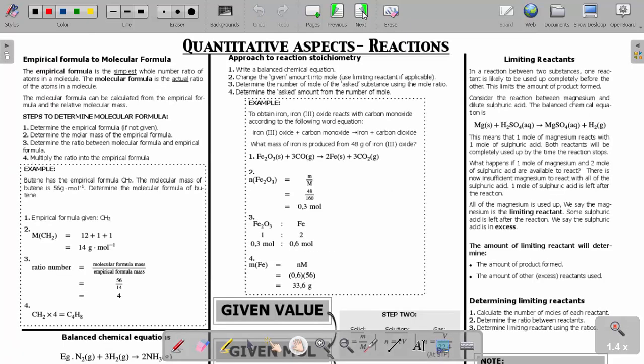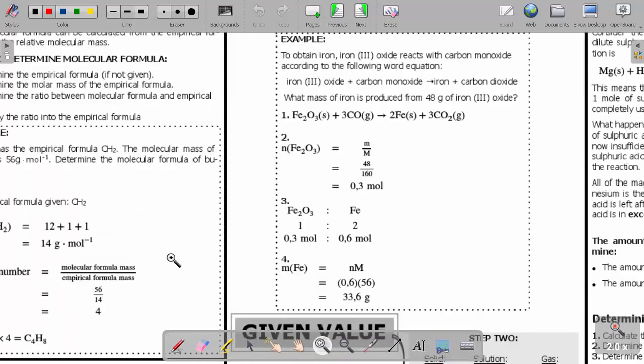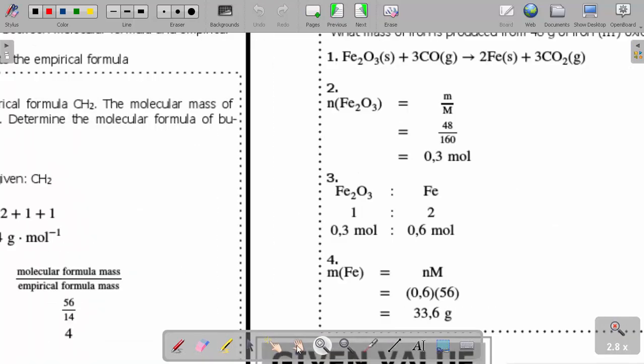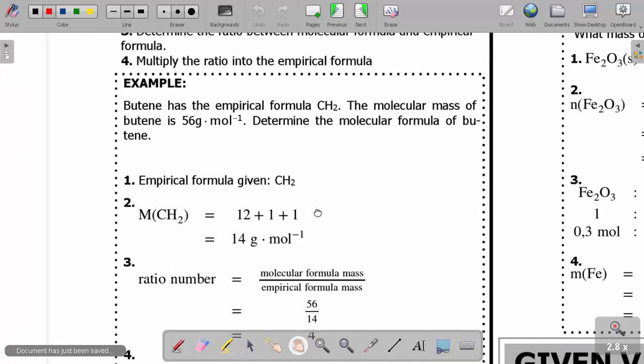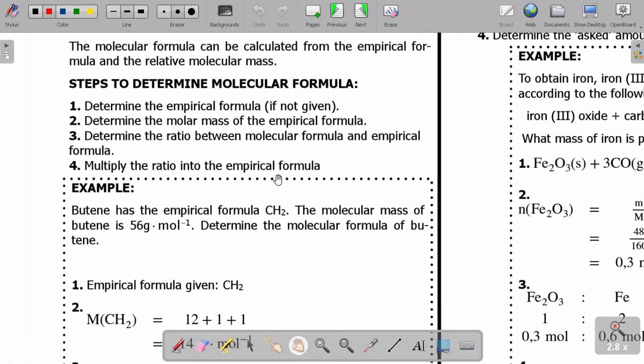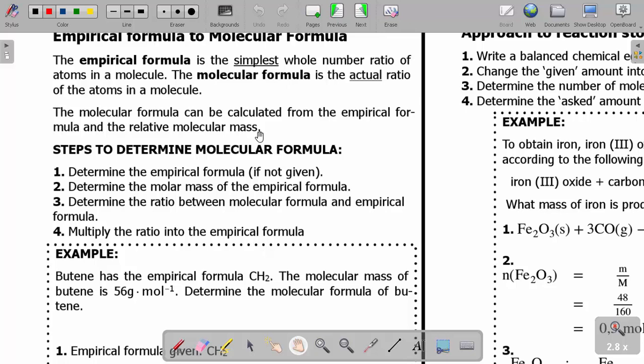Next, we talk about the empirical formula and the molecular formula, and how they are related. The empirical formula is the simplest whole number ratio of atoms in a molecule. We said that before, just to make it clearer for all of us. Now, the molecular formula is the actual ratio of the atoms in a molecule. That's how they differ.